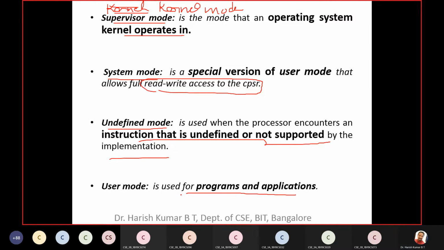Answer me. When you have to call a kernel function. Very good. Whenever from your user program you need to call a function inside the kernel, it automatically gets into the supervisory mode.